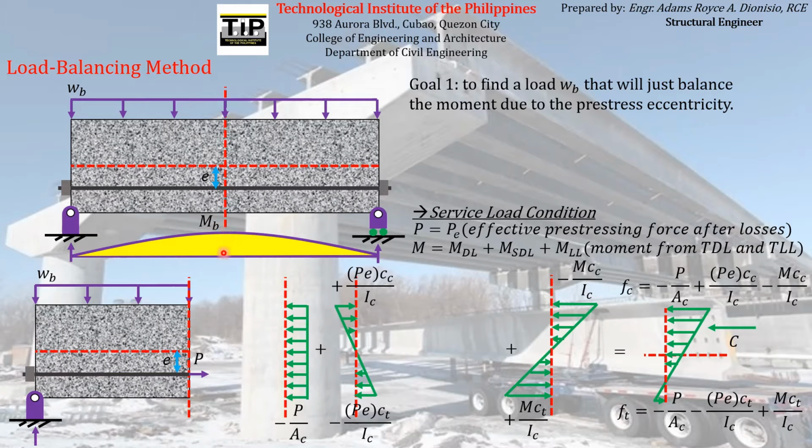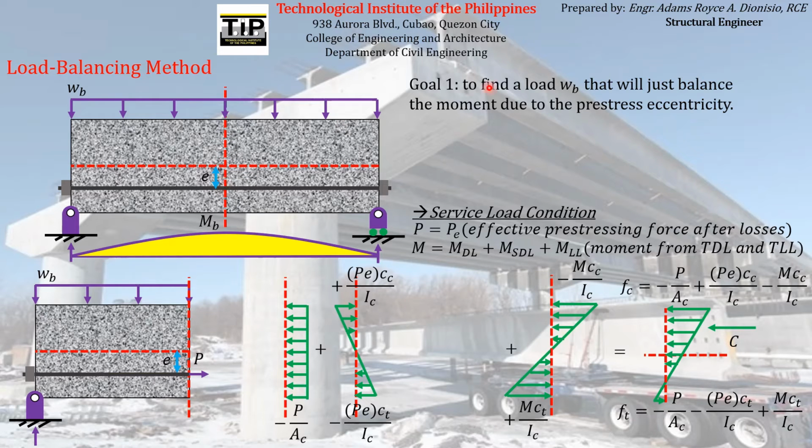So that balance moment produced by this balance load acting at midspan of a simply supported beam loaded by a uniformly distributed load must just balance the eccentric moment coming from the pre-stress force acting at the pre-stressing reinforcement at midspan.